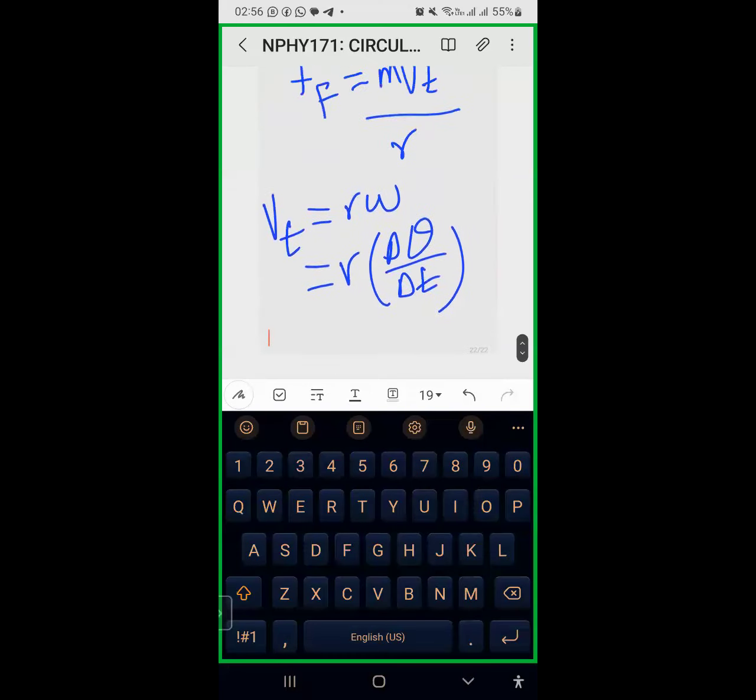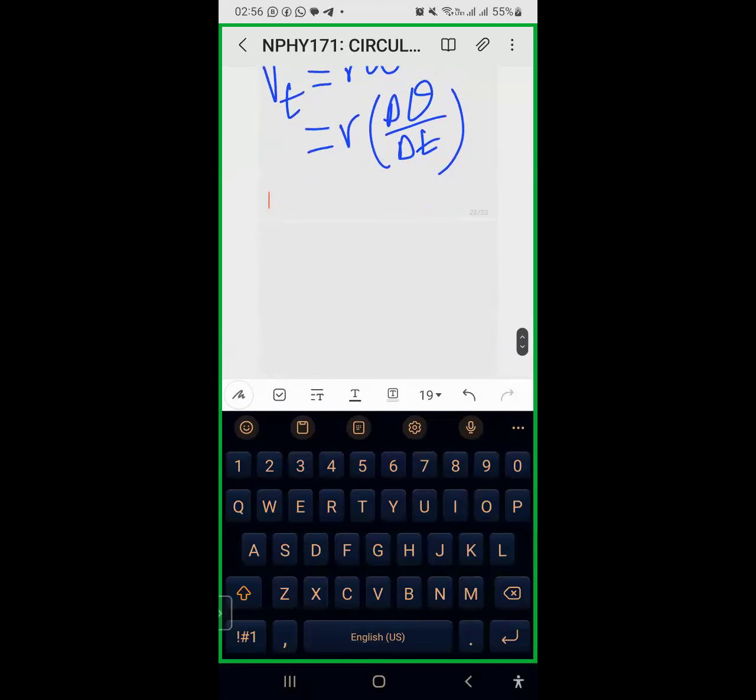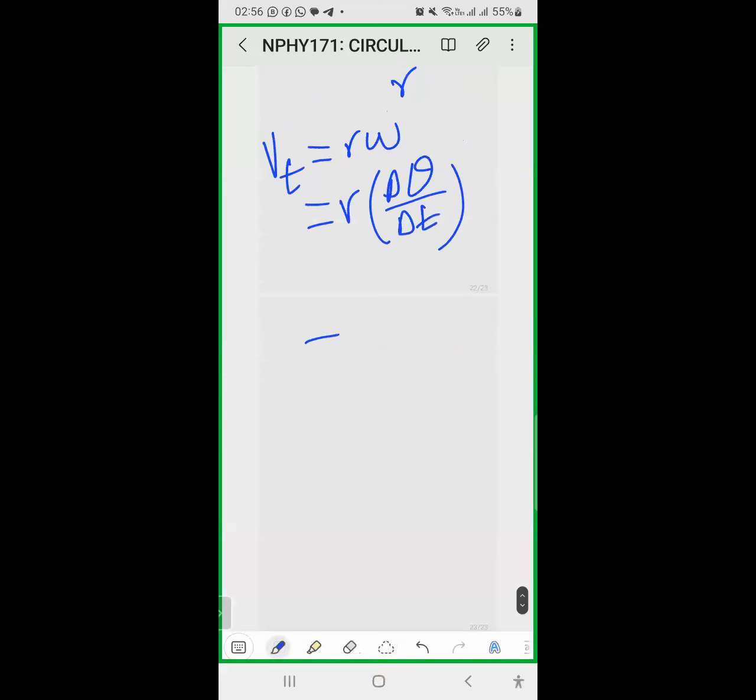So v_t will be given by the radius, which is 30, multiplied by the angular displacement, which we found to be pi over 2 radians per second. So for this change in angular displacement, it took how many seconds?